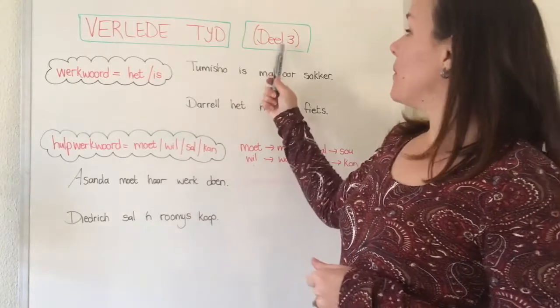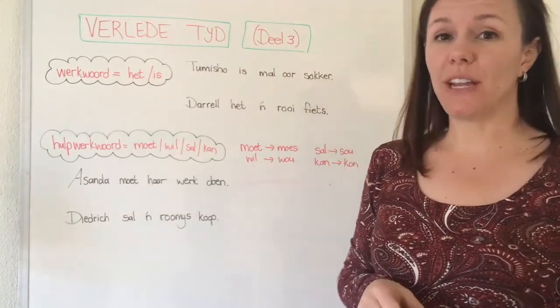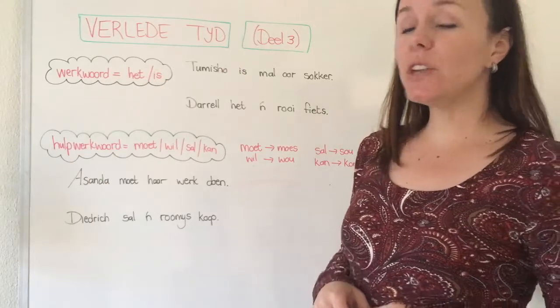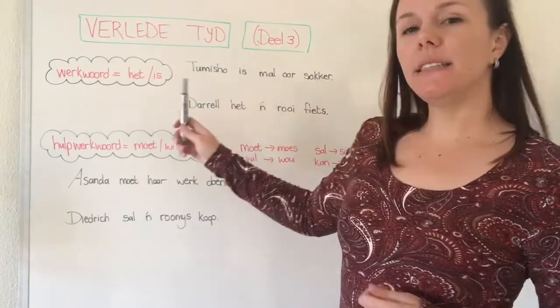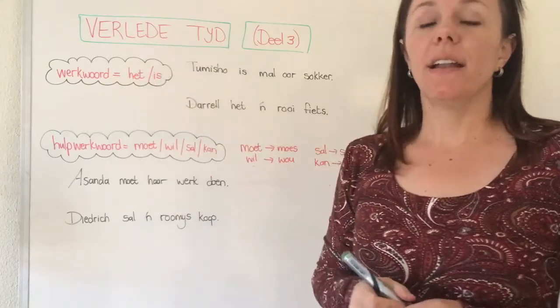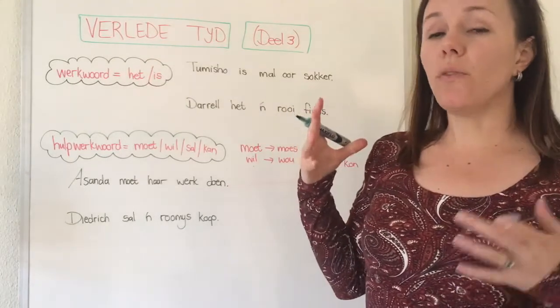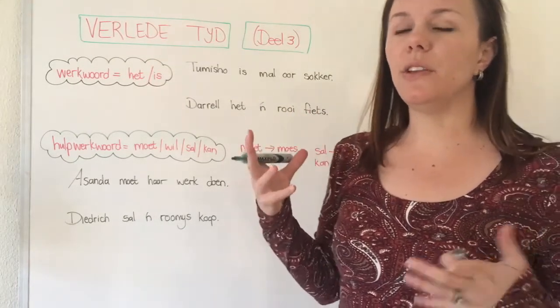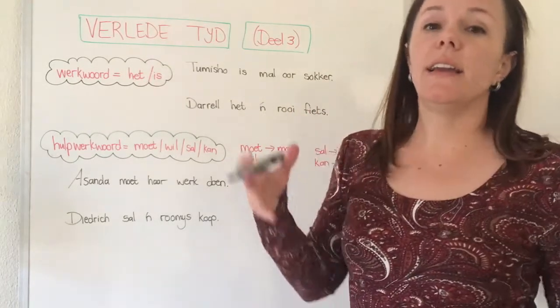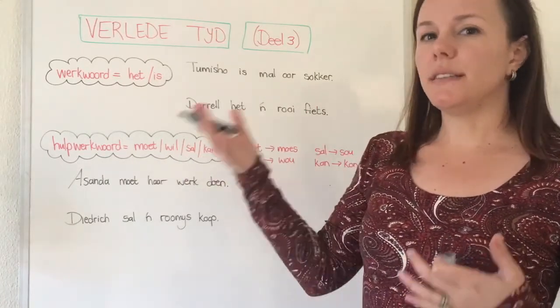Today we are doing part 3 of past tense, and we're doing 2 more rules that you're going to learn. So first off, if a sentence has the verb het or is. Now don't think of het the way we use it in a past tense sentence, like die seun het geval. In that case it means did.